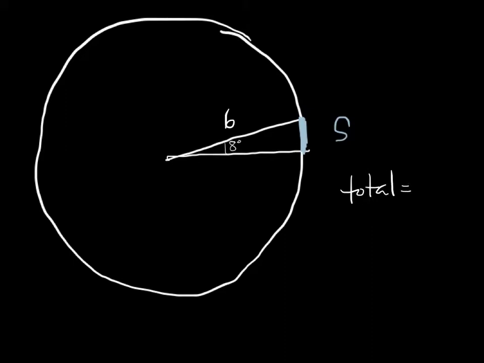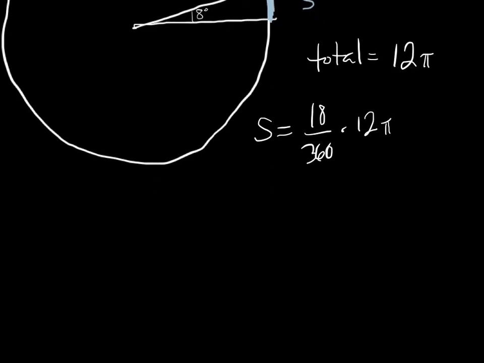This is still 6, so the total is still 12 pi, right? Which means S is 18 over 360 times 12 pi. You know how to reduce 18 over 360? Divide both by 3. Or you can divide both by 6.